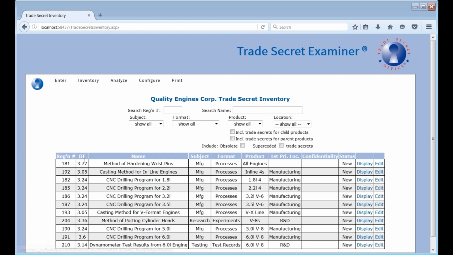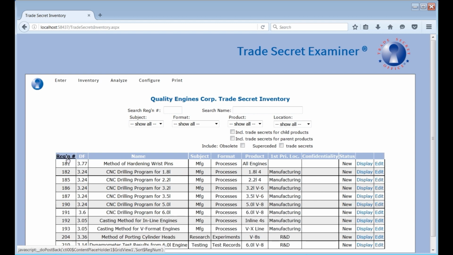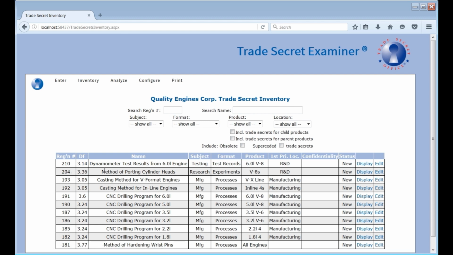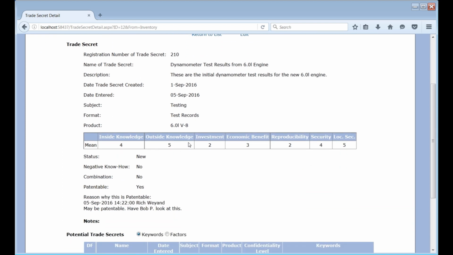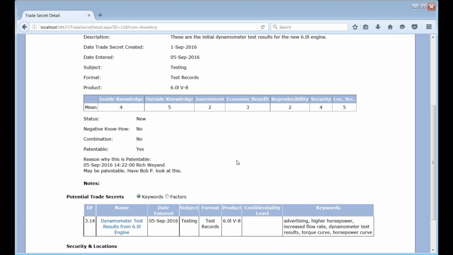If I look at our trade secrets here, and let me sort by registration number, to get our one up top. The defendability factor is a mathematical combination of the 6 factors: inside knowledge, outside knowledge, investment, economic benefit, reproducibility, and security. When I combine those 6 factors together, I get a defendability factor of 3.14 on a scale of 1 to 5.